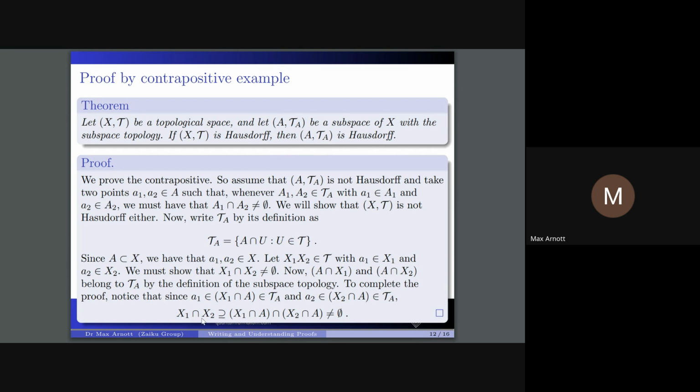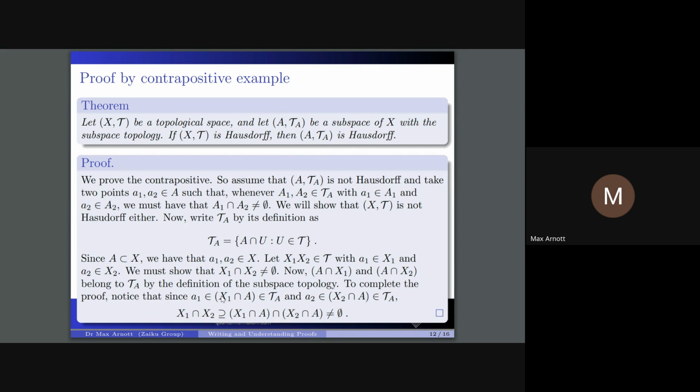So X1 intersect X2 is non-empty as well. And that completes the proof. We've shown that whenever we take some arbitrary two sets in the topology, one of them containing a1 and one of them containing a2, their intersection must be non-empty.